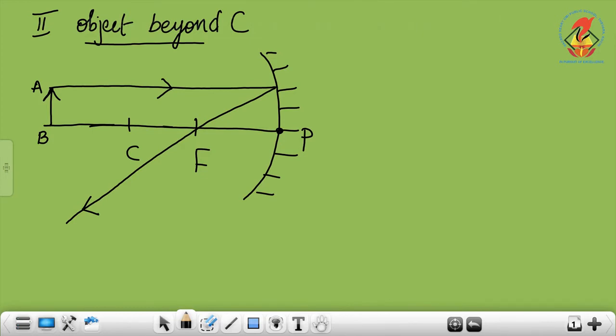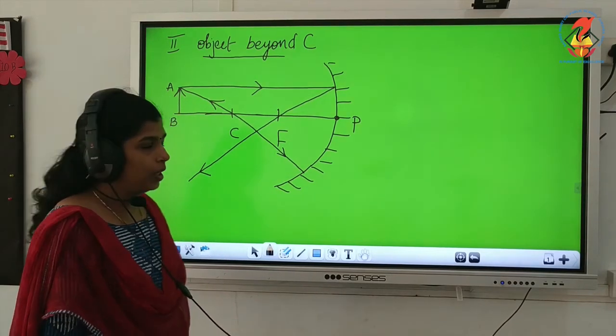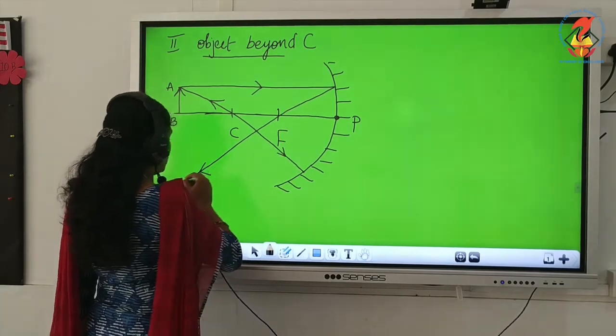Third rule I am using here: a ray of light passing through the center of curvature will retrace the same path. Now, this is the first reflected ray.